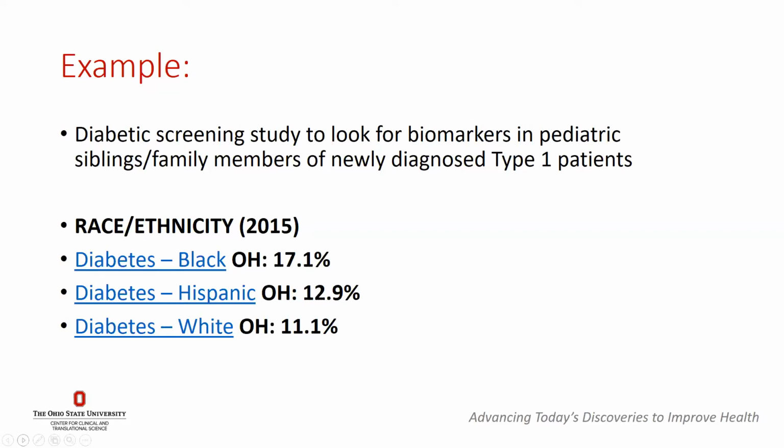As you can see here, the distribution showed a higher incidence in the African American population at 17%, and the white was only 11%. There were some other ones listed. But what I found was that my enrollment was almost exclusively white. Very few of the Black or Hispanics were enrolling in the study. And so that was my first indication that the enrollment was not matching the race and ethnicity in the population that I was studying.